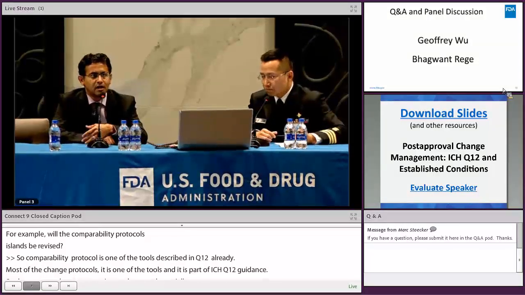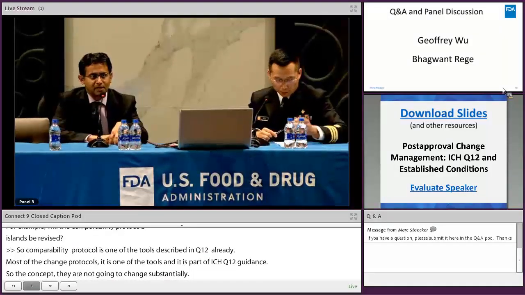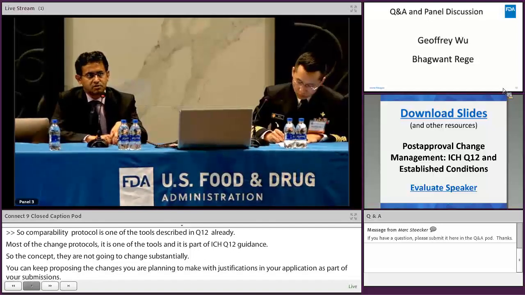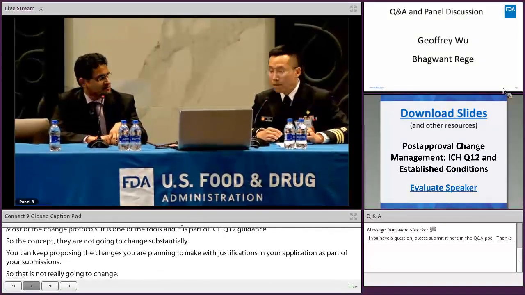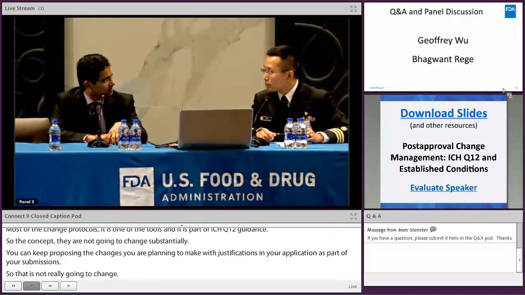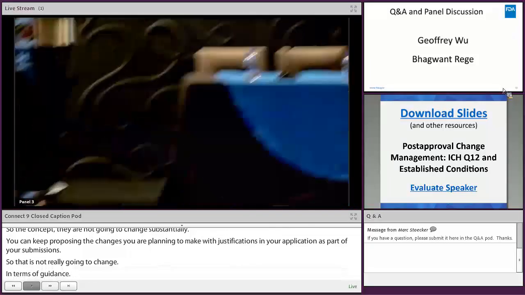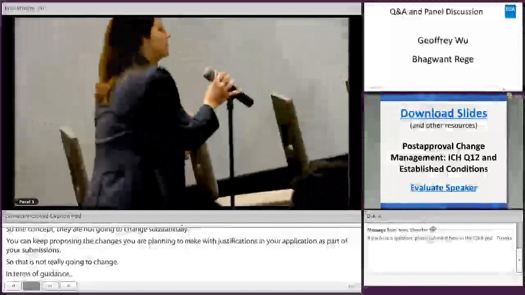You can still prospectively propose the changes that you are planning to make, with justifications, in your application as part of your submission. So that's not really going to change. And in terms of guidance, the guidance on comparability protocols will still be finalized, but it's been reviewed to make sure it's consistent with the concepts as described in Q12.